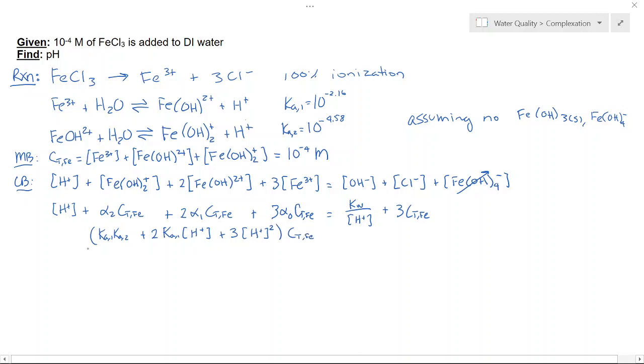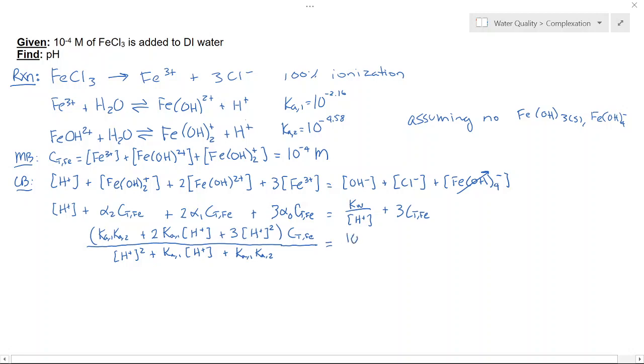So what I'm doing here is putting all 3 of these together because the denominator is the same in all cases, so it just reduces the number of variables in the equation, something we can all appreciate. Okay, so that's my 3 iron species all put together, making substitutions for the alphas.